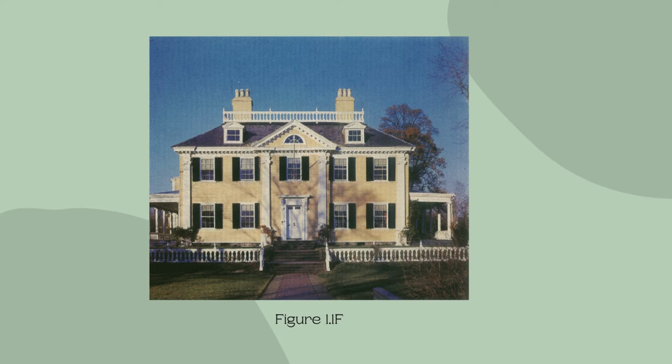On figure 1.1F, you'll notice the architect's symmetrical arrangement of shapes on the front of this house. So just imagine a vertical axis through the center here. Do you see how balance has been achieved?